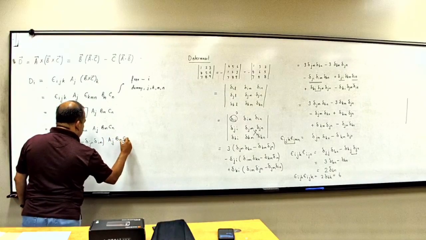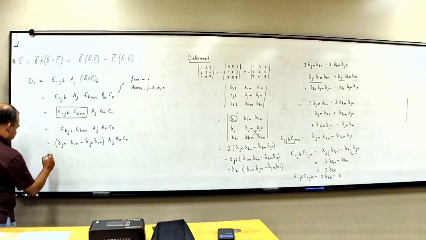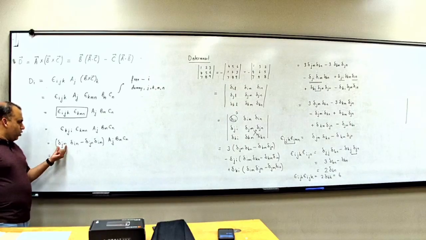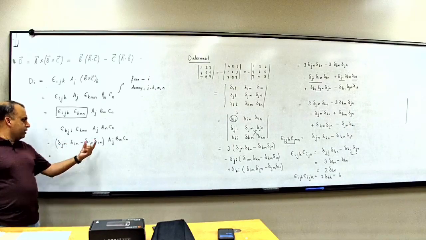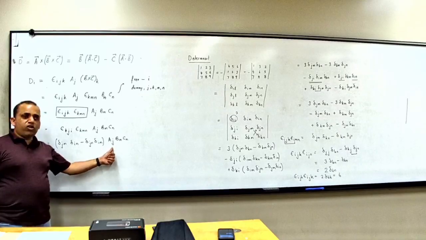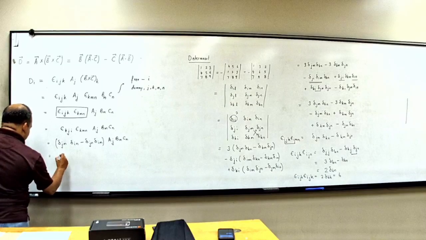And a_j, b_m, c_n. Open this up. Notice that is a Kronecker delta multiplying a_j, b_m, c_n contracted. Let me do that explicitly in 2 steps. Maybe it helps.